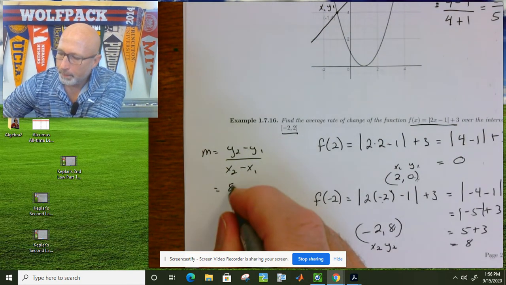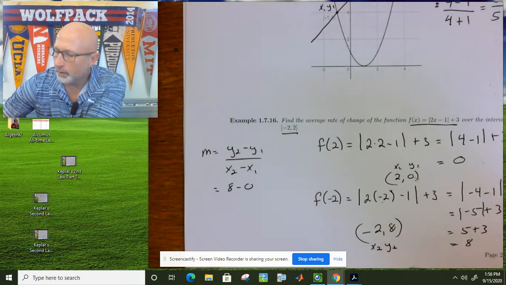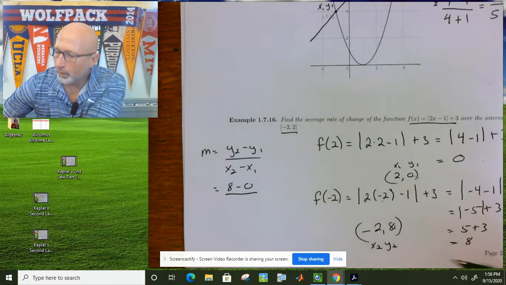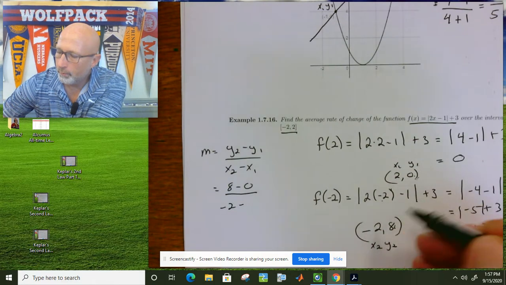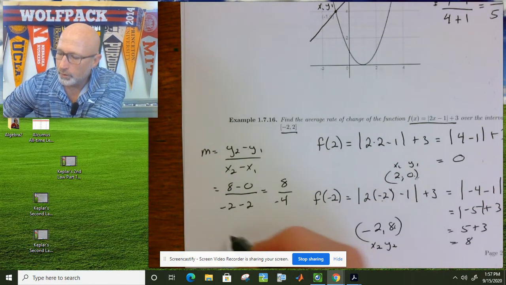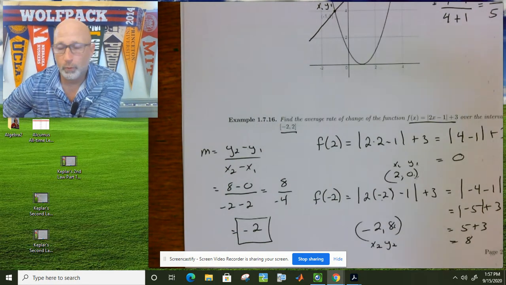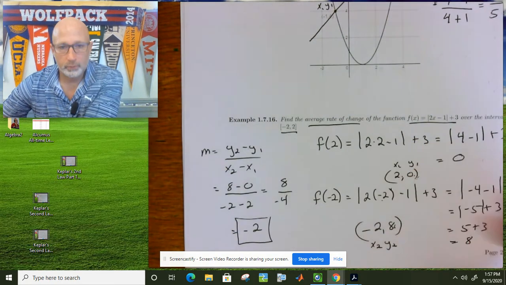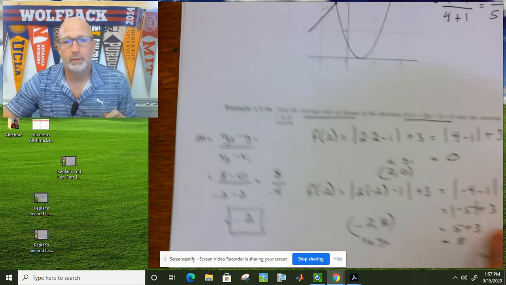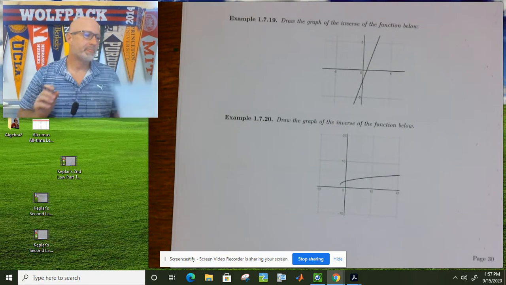So I have 8 minus 0, because it's y2 minus y1. y2 is 8, y1 is 0, all over -2 minus 2, which gives you 8 all over -4, which is equal to -2. Okay, so the average rate of change, or the slope, is equal to -2. So just find the slope between the 2 points.